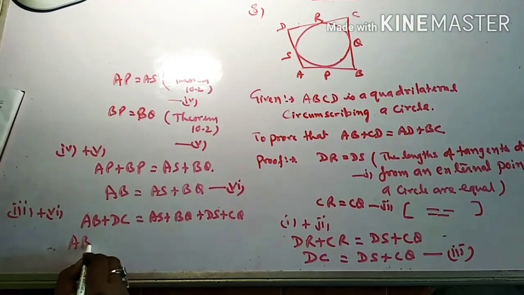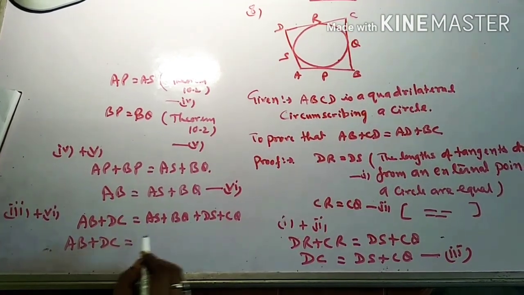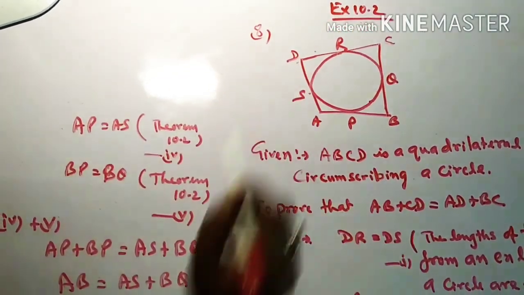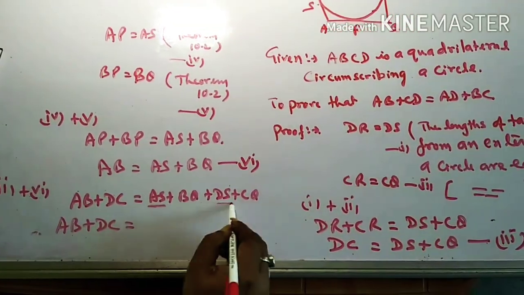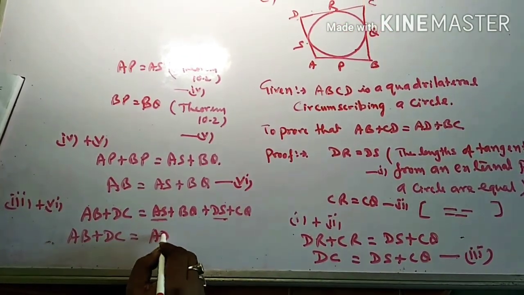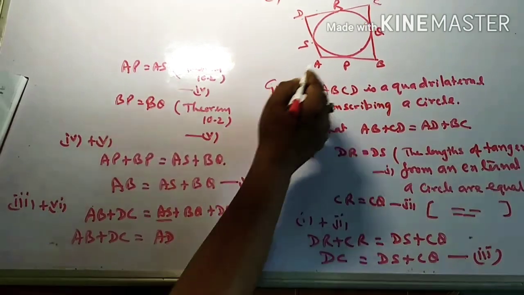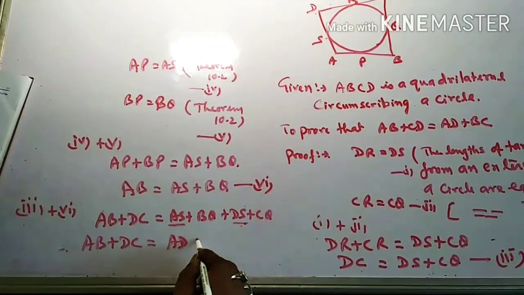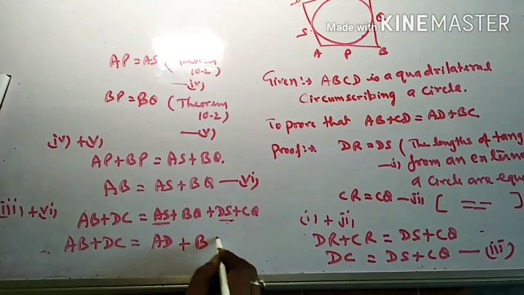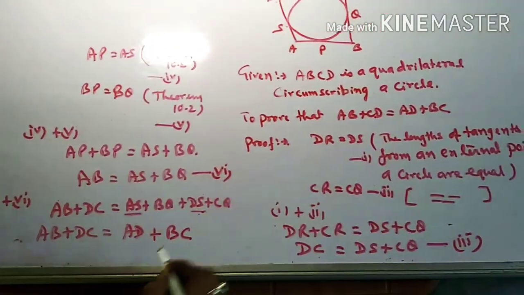Now AB plus DC is equal to AS plus DS, this will be equal to AD, and BQ plus CQ, this will be equal to BC. And this is proved.